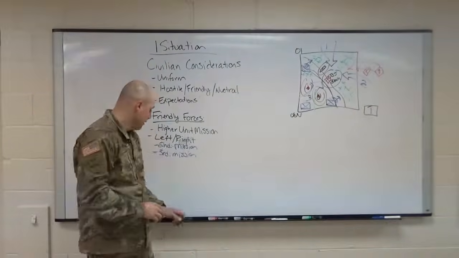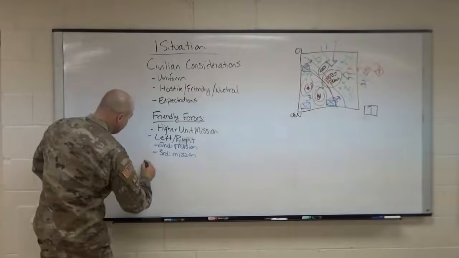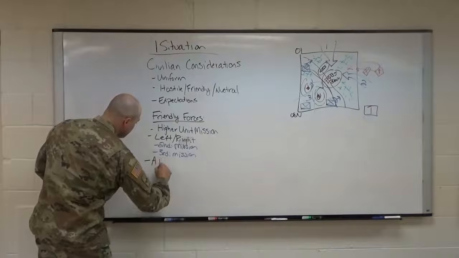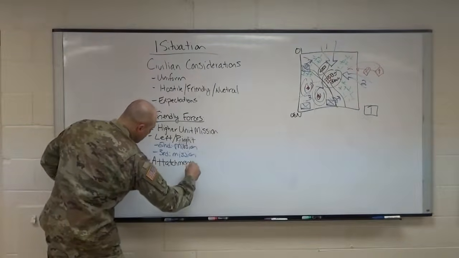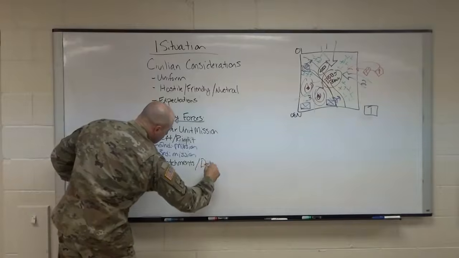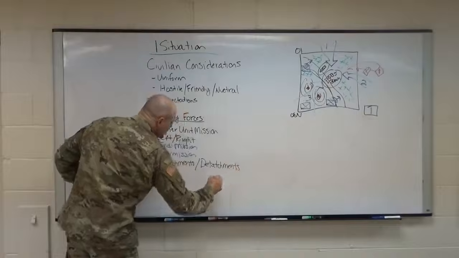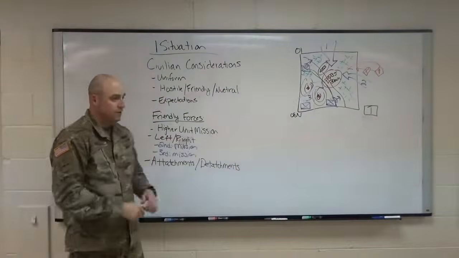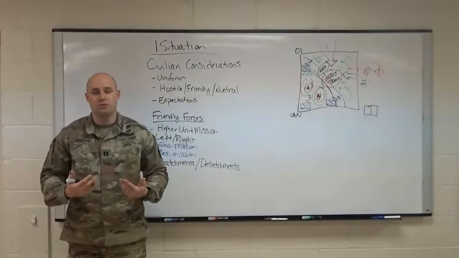All right? The last thing that we're going to have here is attachments and detachments. Attachments and detachments are basically any elements that are going to be added to us or taken away from us that are not organic to our platoon.